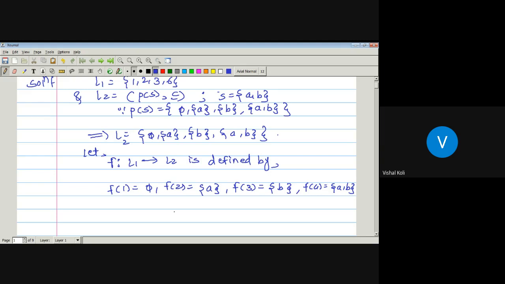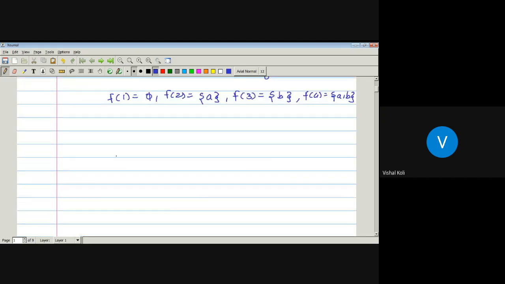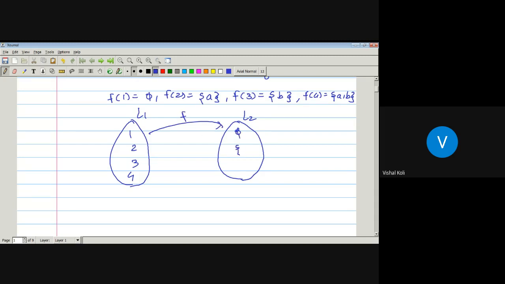Okay, now let us check whether this function is 1-1. This will be the domain L1, having elements 1, 2, 3 and 4, and here L2, the codomain, has the elements phi, singleton A, singleton B, and the doubleton AB, in which 1 is mapped to phi, 2 is mapped to singleton A, 3 is mapped to singleton B, and 4 is mapped to doubleton AB.